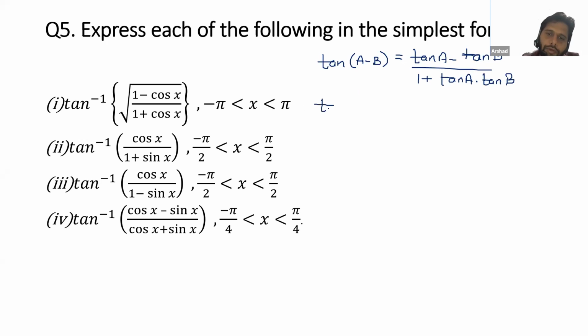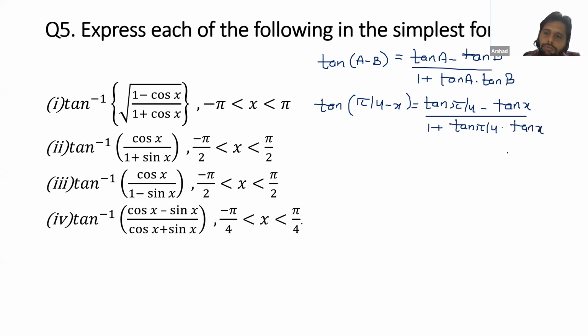If we apply the formula here to tan of pi by 4 minus x, what will we get? Tan pi by 4 minus tan x, by 1 plus tan pi by 4 into tan x. What is the value of tan pi by 4?